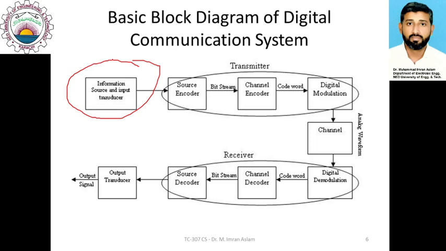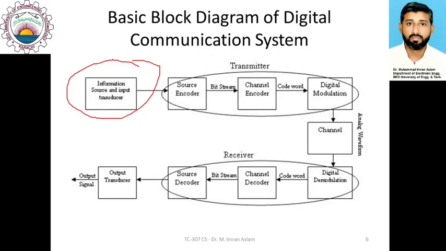Typically, the information source is analog in nature in most communication systems. Say, for example, in a voice communication system, the voice signal generated from any human source is basically analog in nature.